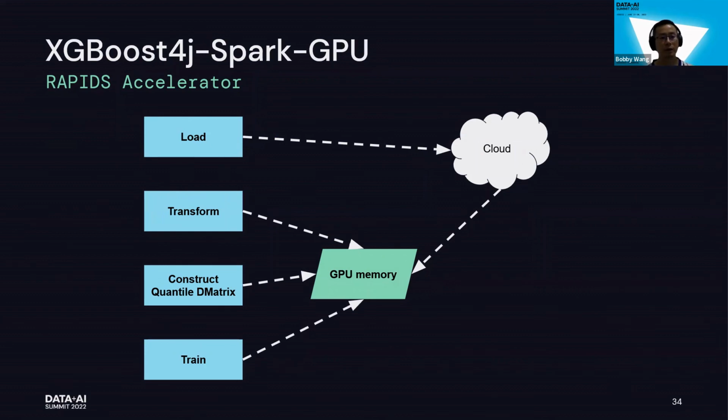First, the RAPIDS Accelerator loads the data from the cloud into the GPU memory, and then does some transformations on GPU. And after the data is prepared, XGBoost begins to construct the quantile matrix on GPU. Finally, doing the training on the GPU. So you can see everything is running on GPU. It should be pretty fast.